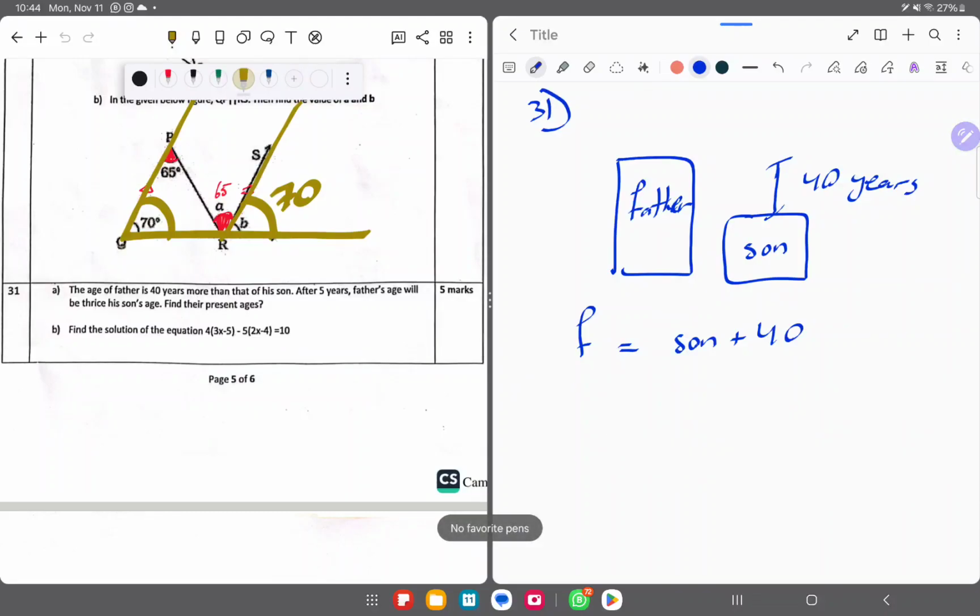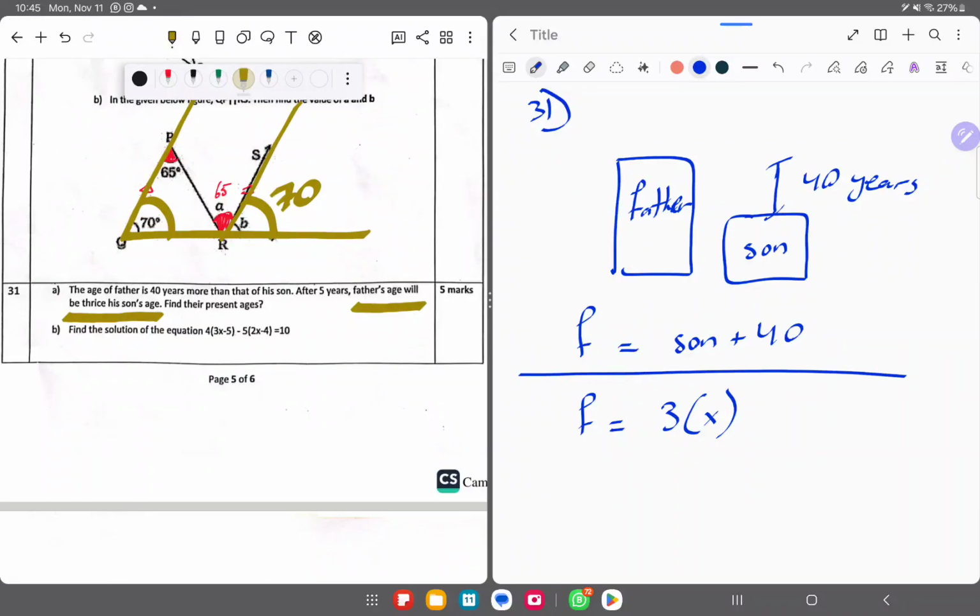They're saying after 5 years, the father's age will be 3 times his son's. But still, I need to do F plus 5 is equal to his son plus 5.